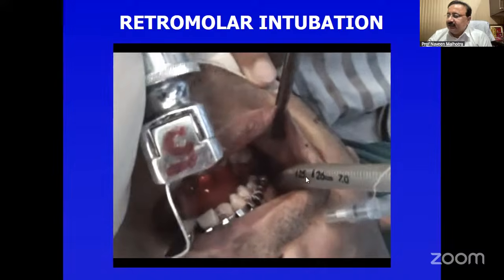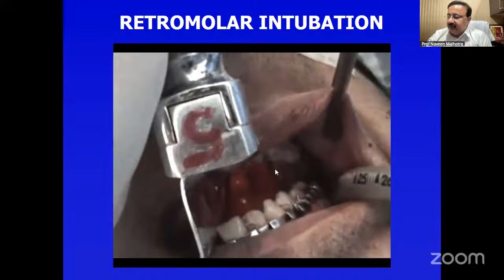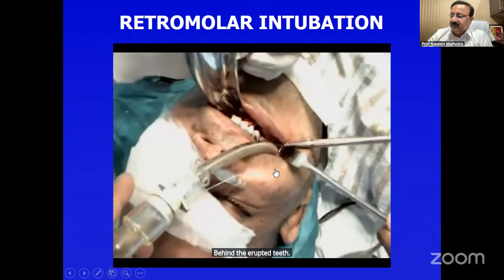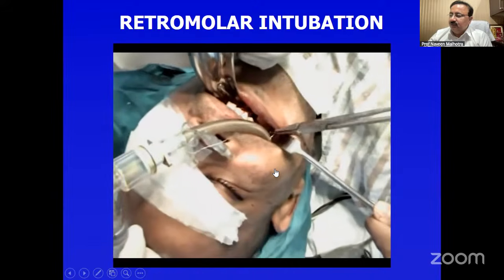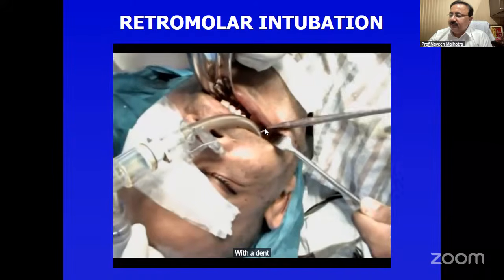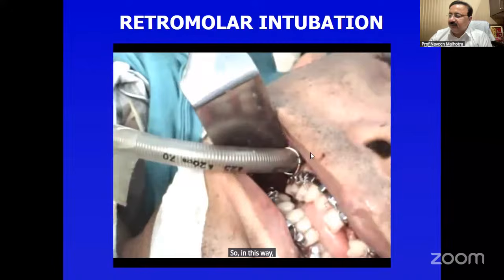The tube will take a curve behind the erupted teeth, and then you fix it in position with a dental wire in a figure of 8 manner. So in this way, you fix it up in a figure of 8 manner.